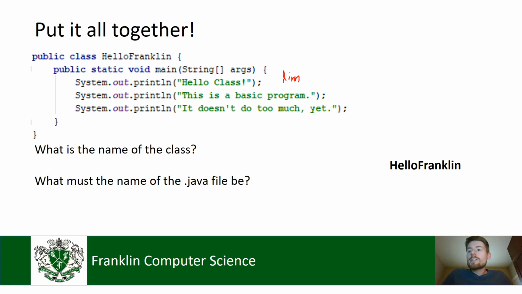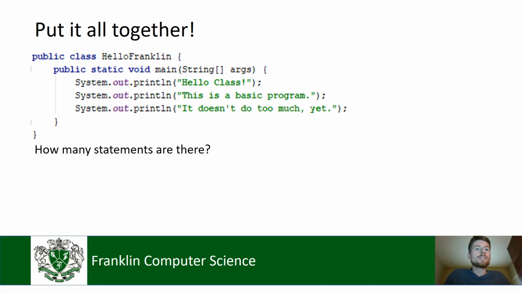What must the name of the .java file be? Take a second. If you want to pause it, you can. Write the answer down. The .java file must be HelloFranklin.java. Remember that the case and spelling, everything, must be identical to the class. So our file is going to be called HelloFranklin.java because the class is HelloFranklin.